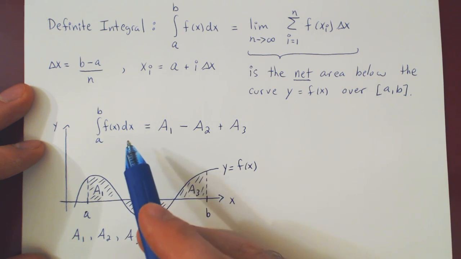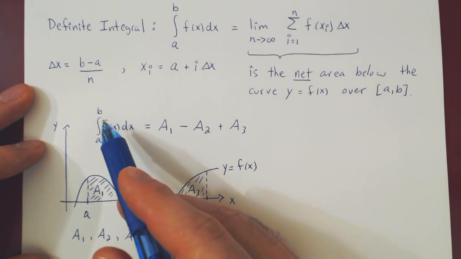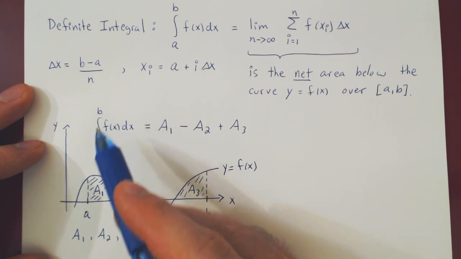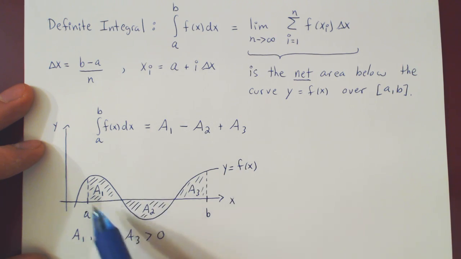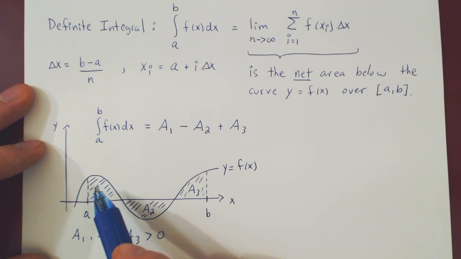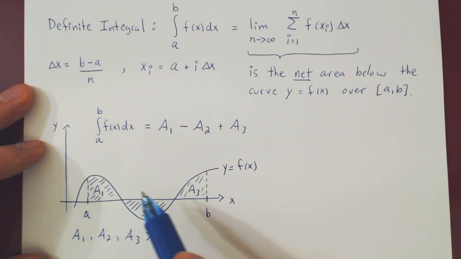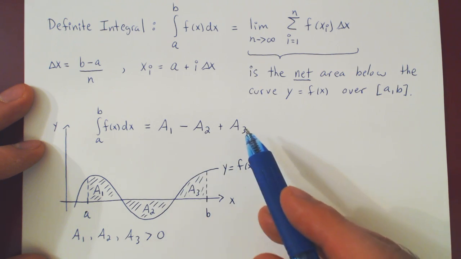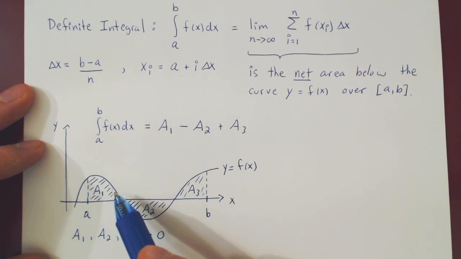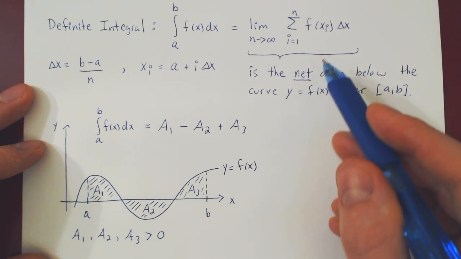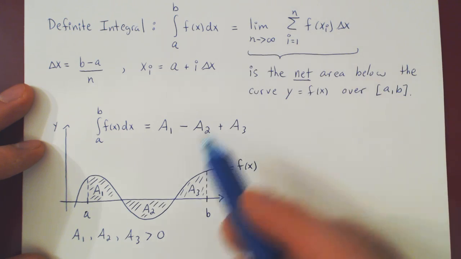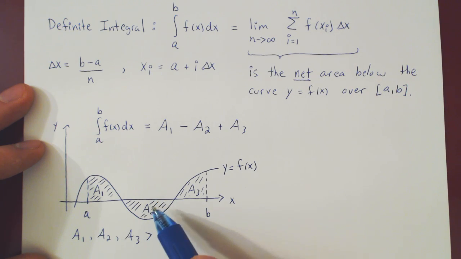You see, we don't get the total area. When you find the definite integral of f from a to b, if the f looked like this, you are not obtaining A1 plus A2 plus A3. You add the area of the region whenever over the interval the function is positive, and wherever the function is negative, the Riemann sum returns not the positive but the negative of the area, and so the limit returns the negative of the area of the corresponding region.